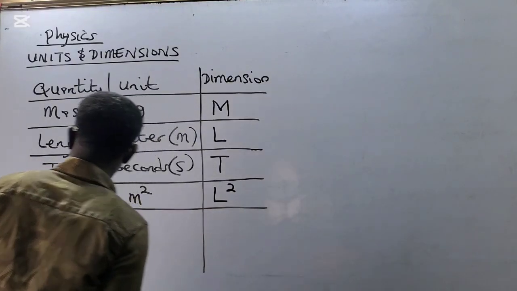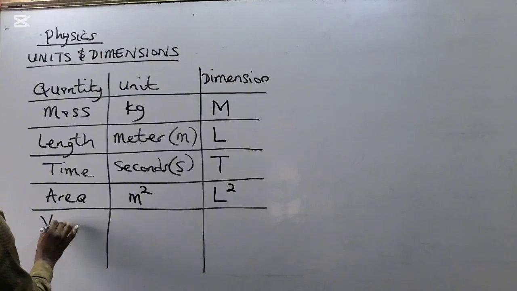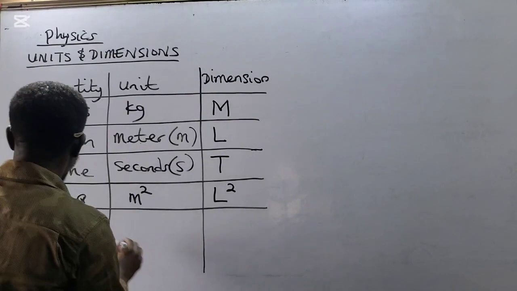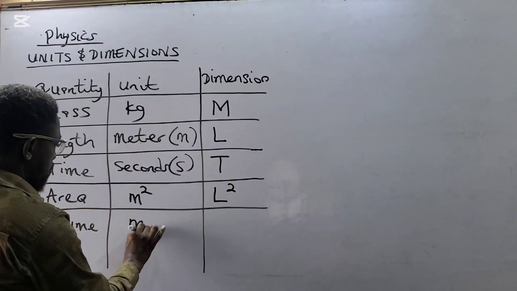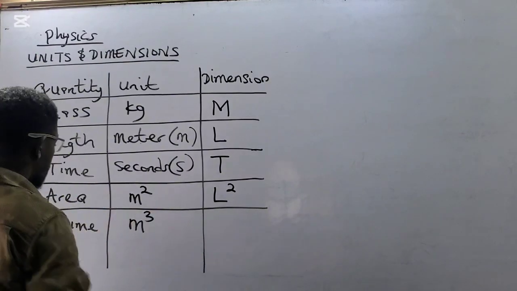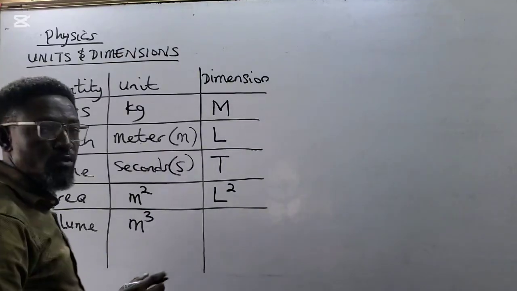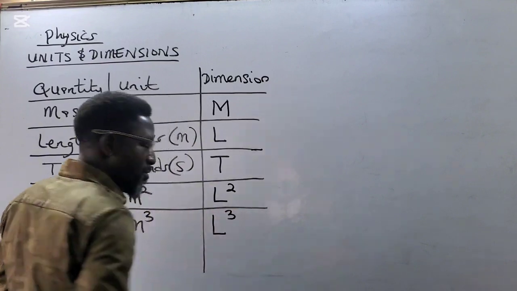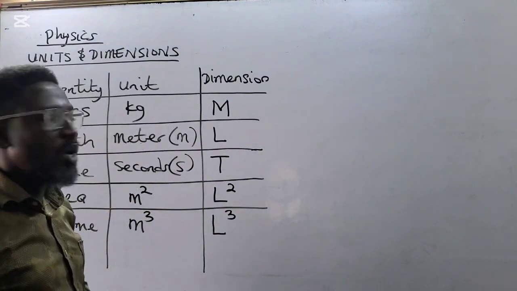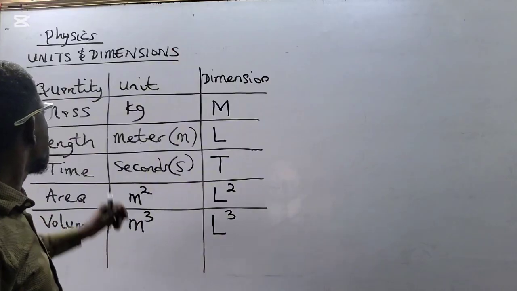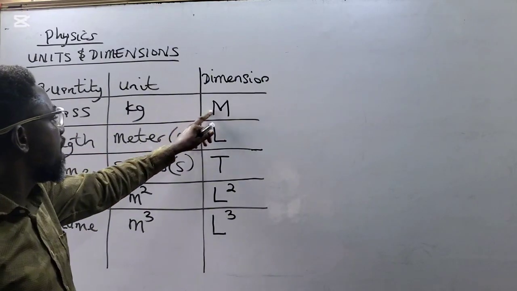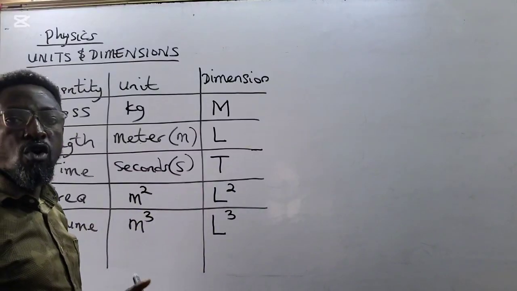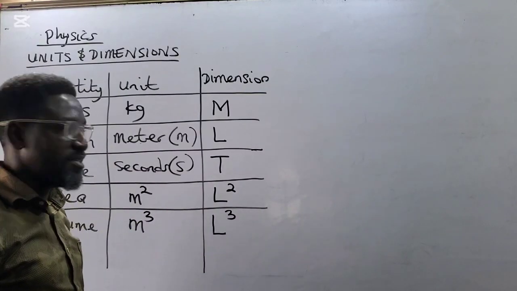Next, let's look at the dimension for volume. The unit of volume is meter cubed, so the dimension for volume becomes L to power 3. These things are actually not difficult because once we know the dimensions of mass, length, and time, which is MLT, from there you can obtain the dimension for other quantities in physics.